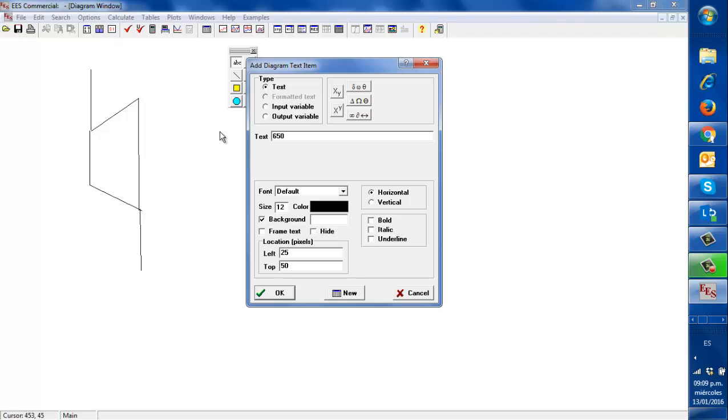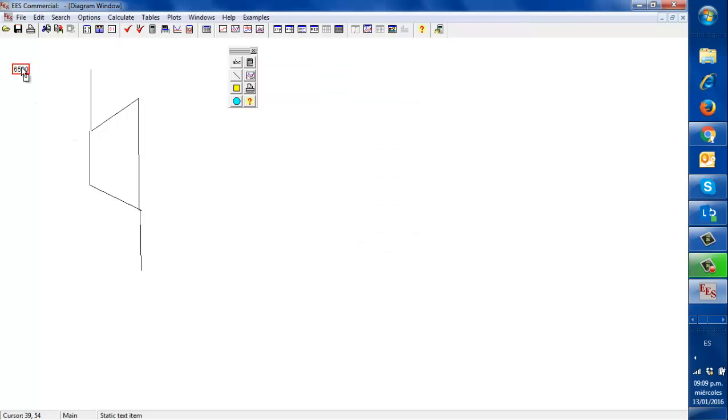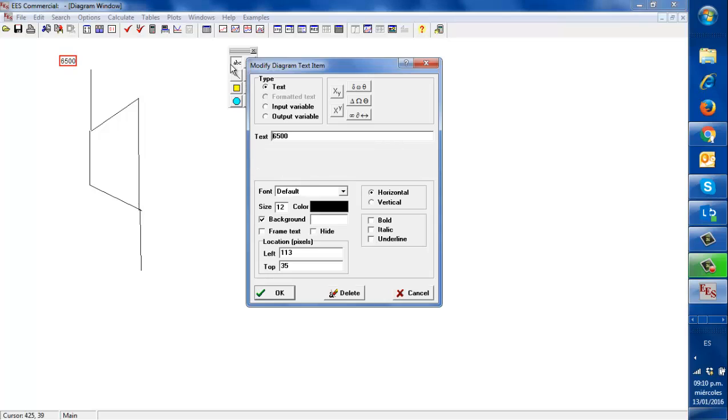650 kilopascal. We're going to make these numbers a variable later on, and the temperature and S equal 6.6235.